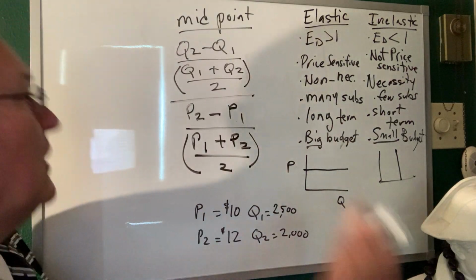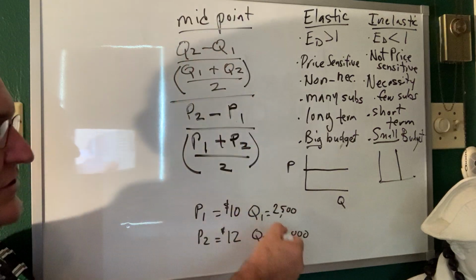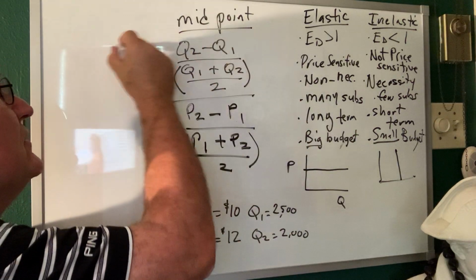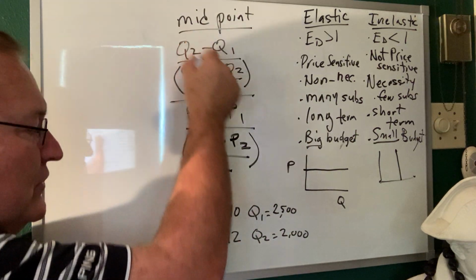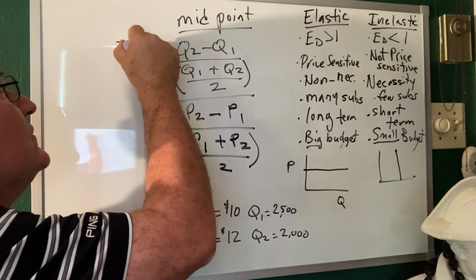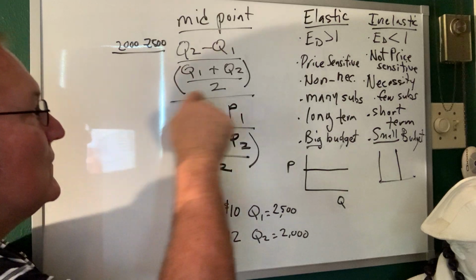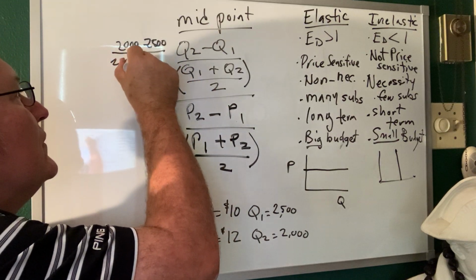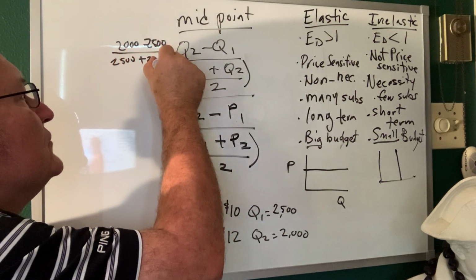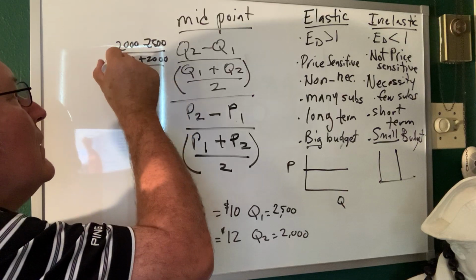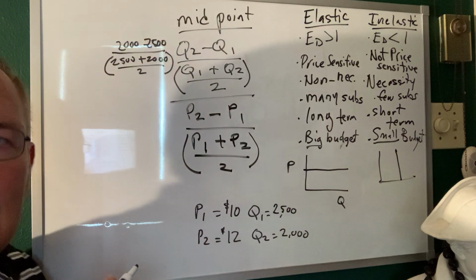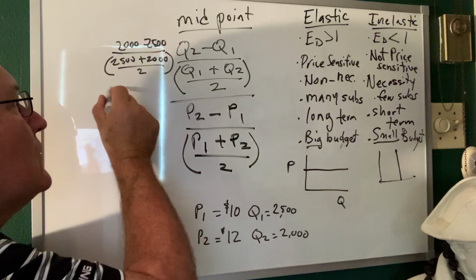Okay, so again, I'm just substituting these numbers into the formula, right? So Q2, 2,000 minus 2,500 over Q1, 2,500 plus 2,000, and then average it, there's a 2, and there's my quantity.